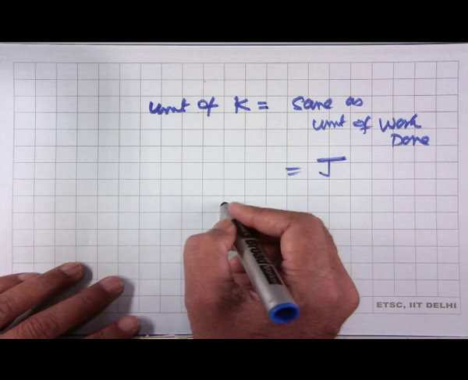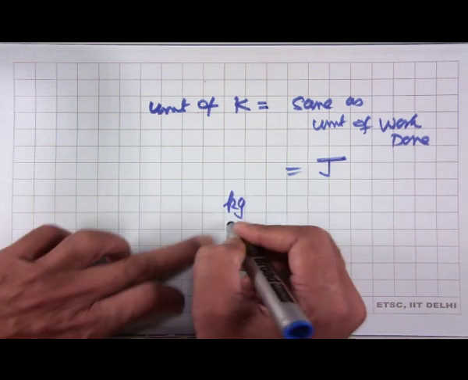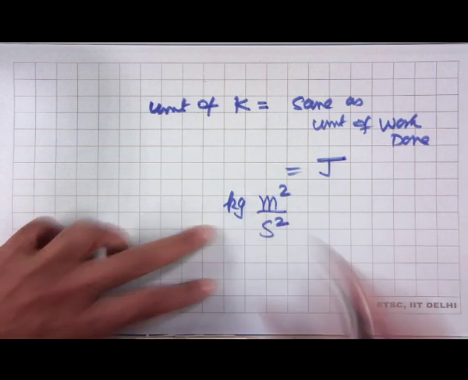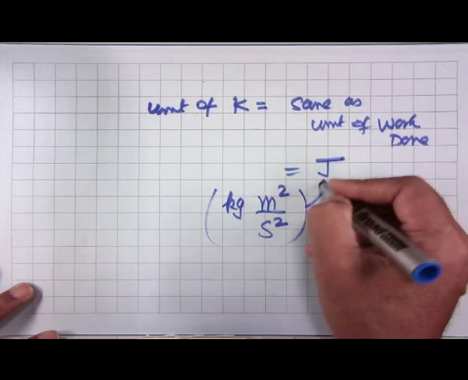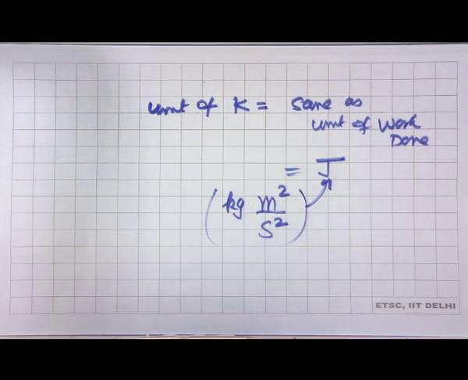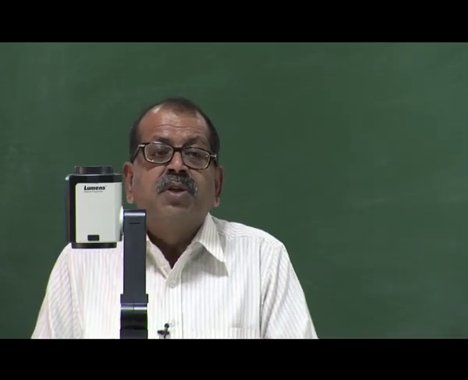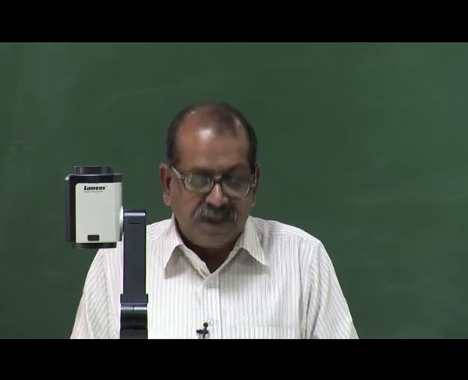This will be equal to m in kg, v square means meter square per second square, and this is the same unit which you will get for work done, which is joules. So, in SI units, the unit of kinetic energy is joules. Now, once again you will realize that kinetic energy, being dependent on the speed, is a frame dependent quantity.